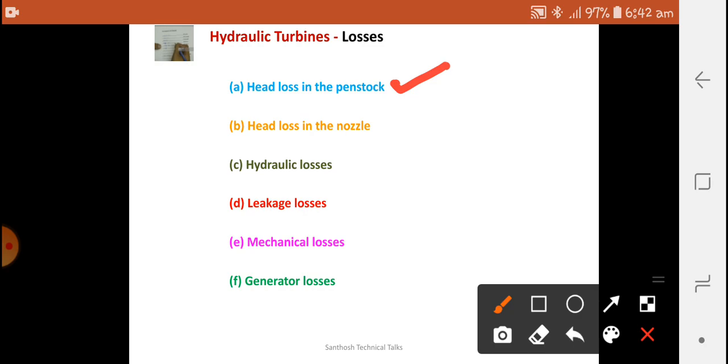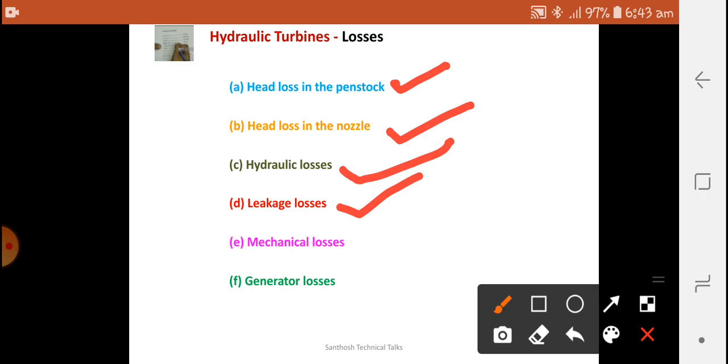Therefore, head loss in the penstock is there, head loss in the nozzle is there, and hydraulic losses and other head as well as potential and velocity losses are there. The penstock is nothing but a pipe, and in a pipe there may be joint leakages.